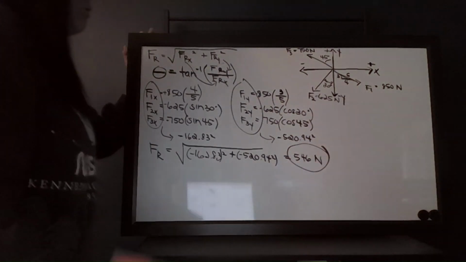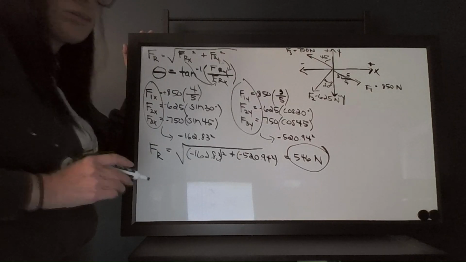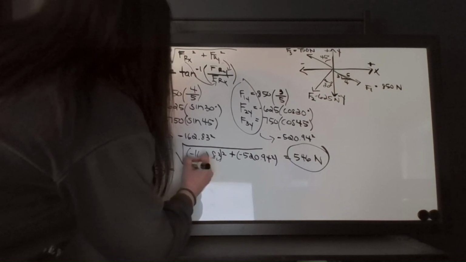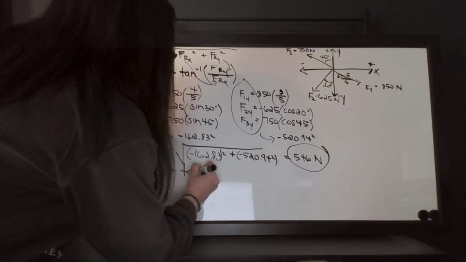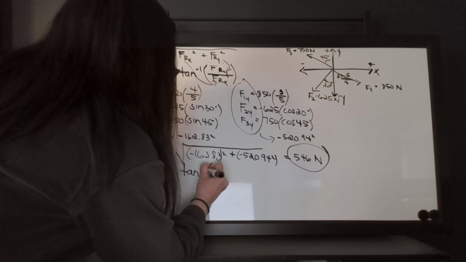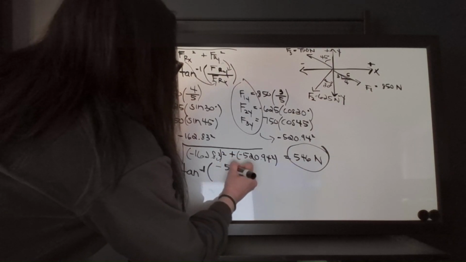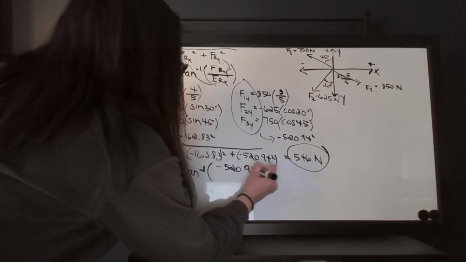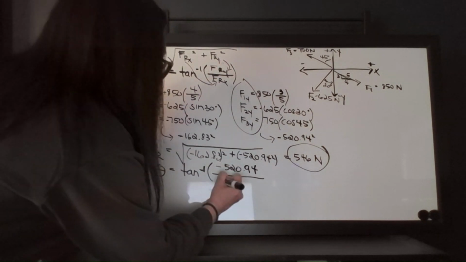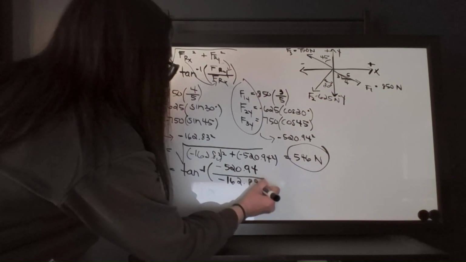But again, you also need to show the direction of that resultant force. So we're going to plug in the resultant force in the y direction, which is negative 520.94, over negative 162.83.